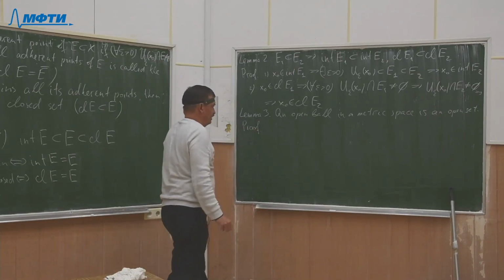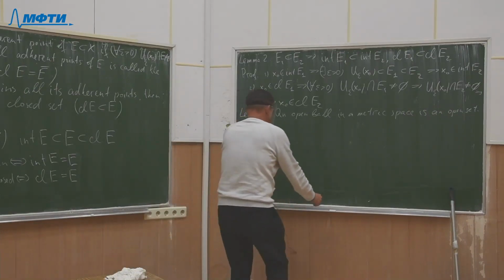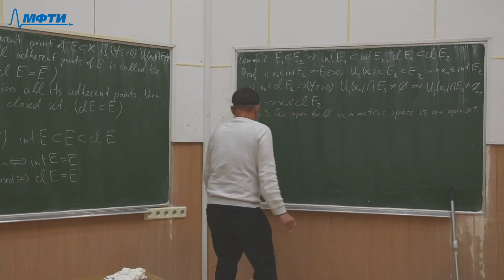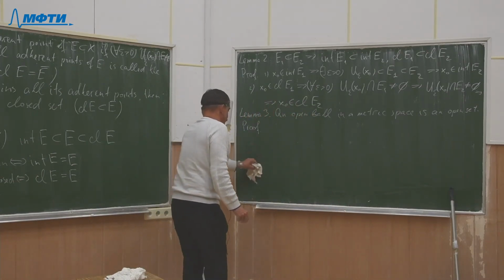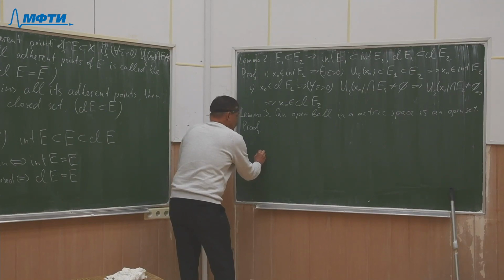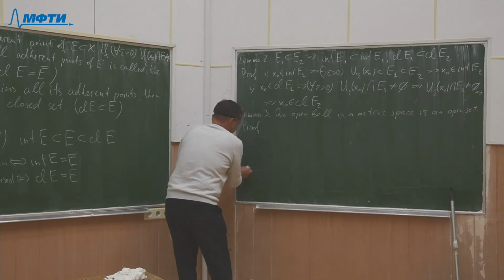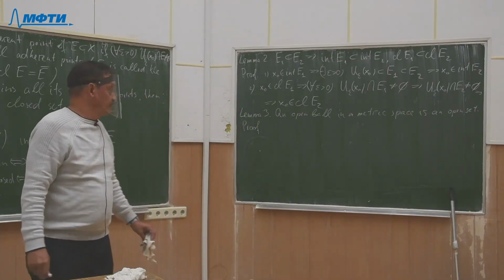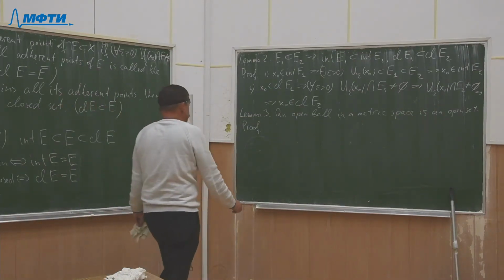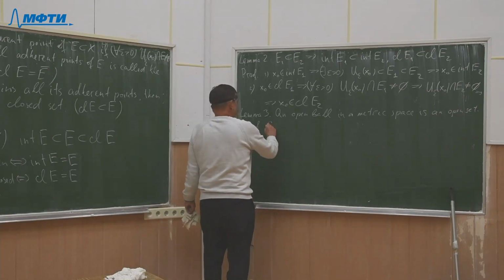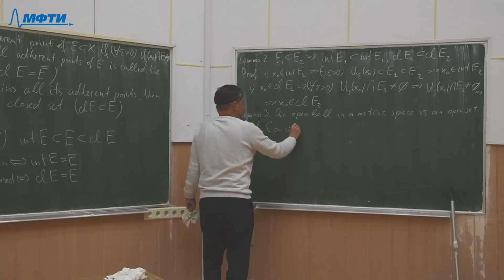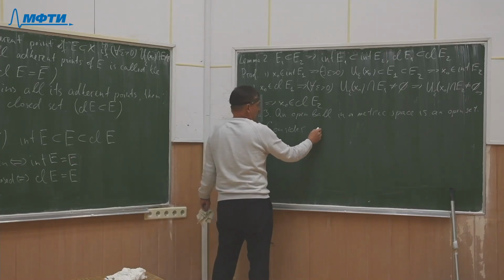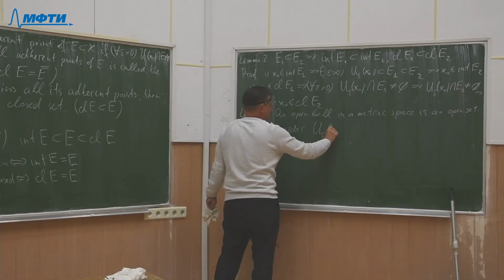And now the best thing is to draw a picture. So what we want to do, we have an open ball. Let me draw it like a disk. So consider an open ball U epsilon of x naught.